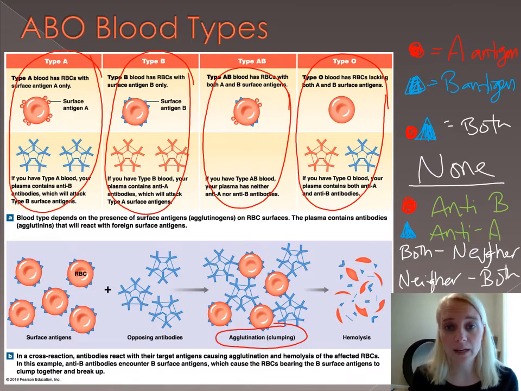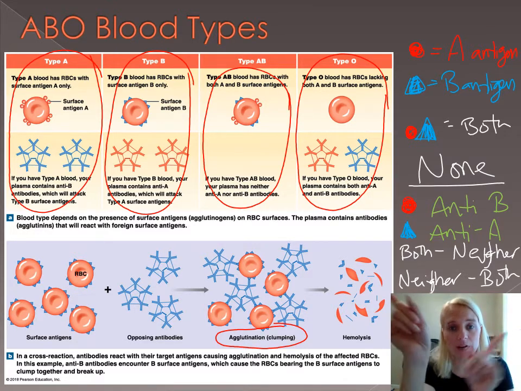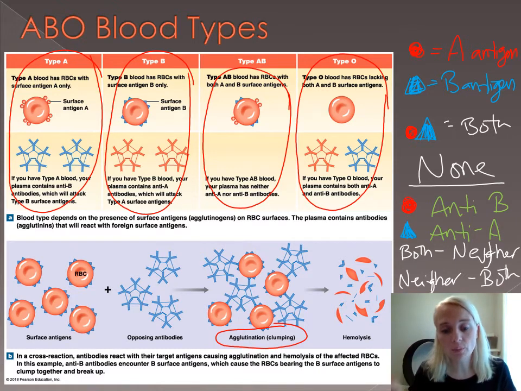The antibody that matches its antigen binds to it, and because these antibodies are multi-edged and starburst, you can get a whole bunch of red blood cells clumped and stuck together, and then ultimately the blood cells lyse and are destroyed. It destroys your red blood cells, which is bad, plus you get all this cell debris and clumped blood trying to fit through your capillaries, which is also bad, and you end up dying or having a very severe reaction that needs immediate medical attention. So that's why we have the opposites found in your blood.